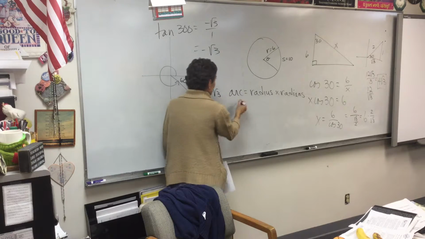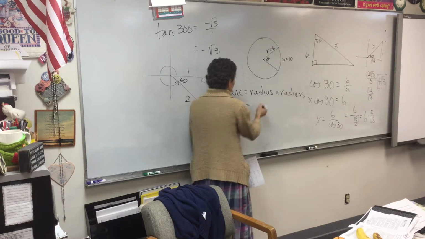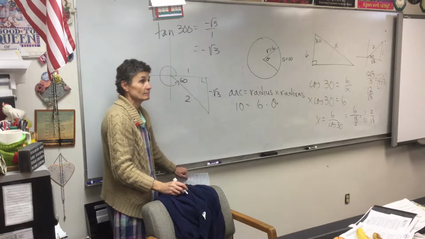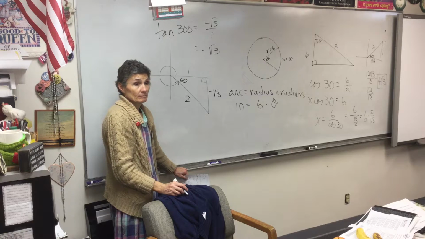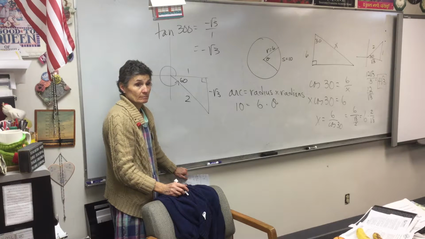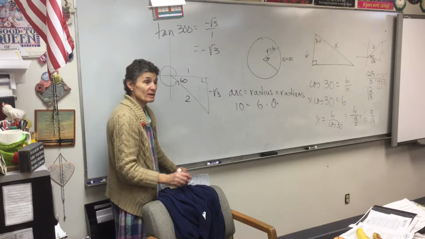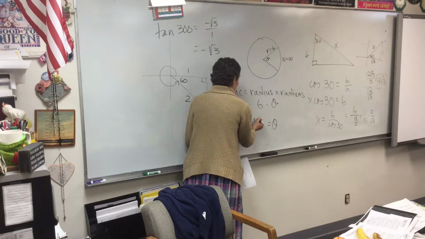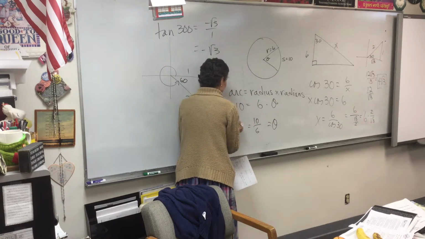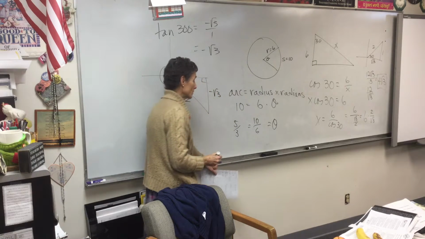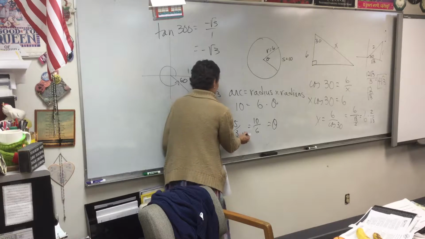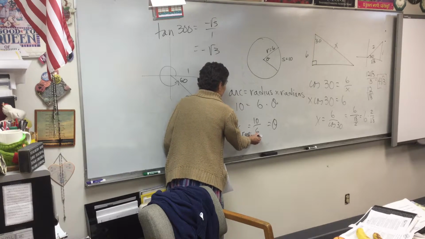So the arc length is 10, the radius is 6, and we don't know what the angle is? But we can find it, can't we? What's it equal? 5/3? What's the unit on that 5/3? Radians. 5/3 radians, yeah.